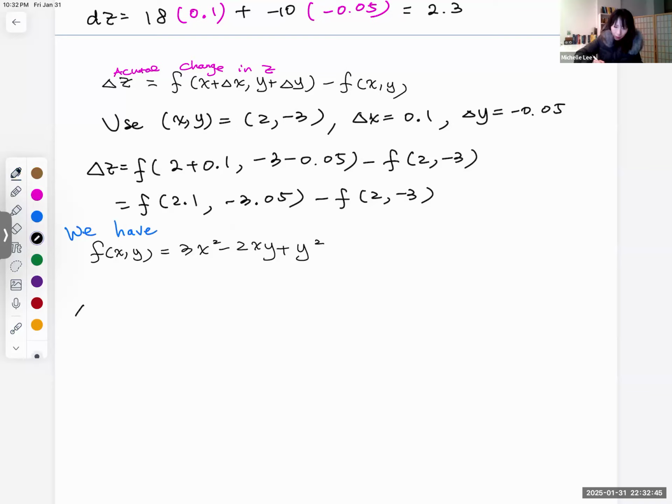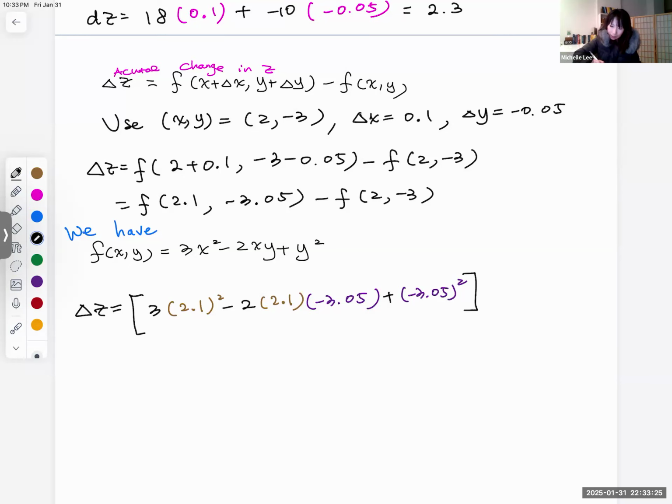All right, so delta z equal to 3 times 2.1 squared, minus 2 times 2.1 times y, which is -3.05, plus -3.05 squared, minus f of 2, -3.